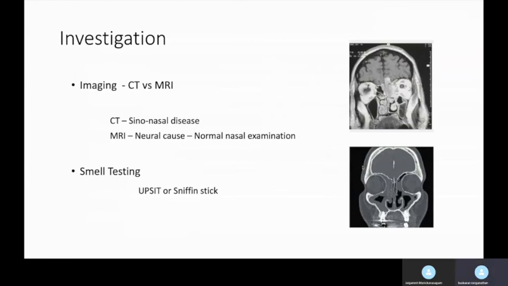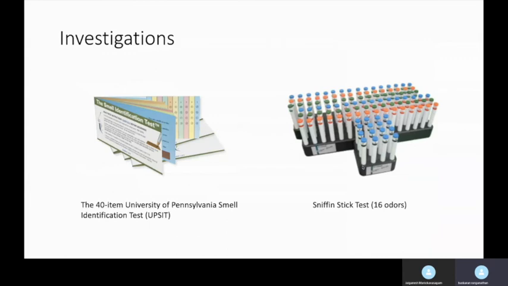The other investigation is smell testing. There are many tests available, but I think the most common ones are UPSIT and the Sniffin' Sticks. This is more theoretical and for research purposes, but you can be shown a photograph of these and asked to explain.